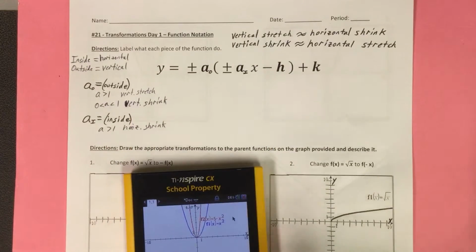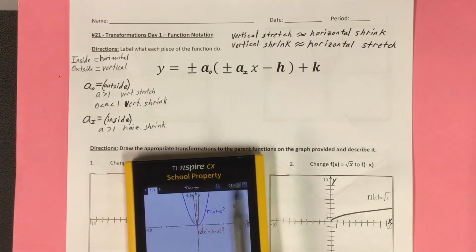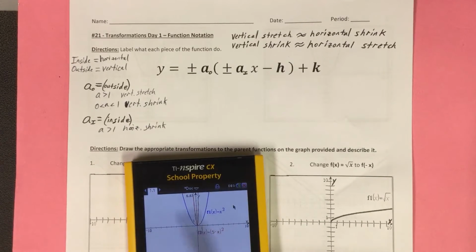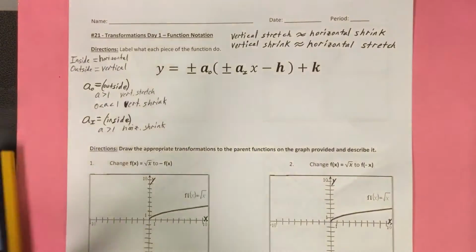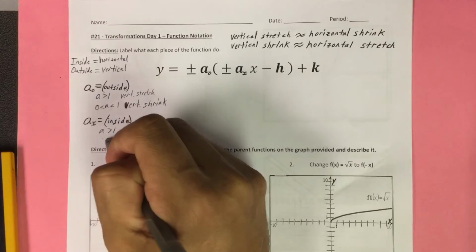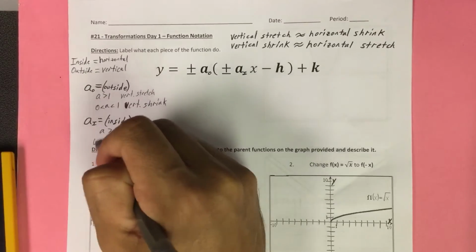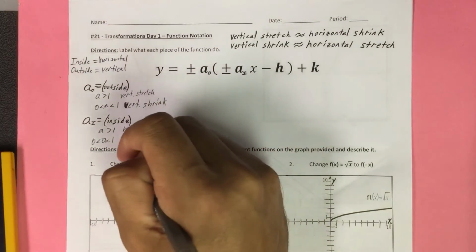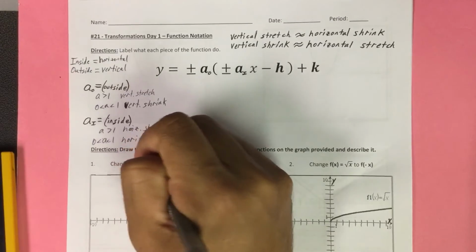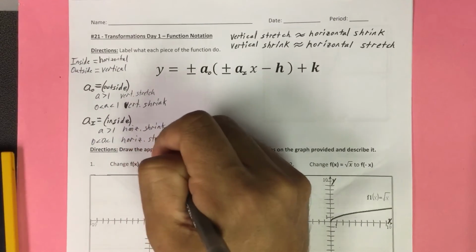If I put the 5 inside in parentheses, it changed, it got skinnier, taller, but now we're looking at it horizontally, so horizontally it shrunk. It got squashed in, right? So if A is between 0 and 1, then that is a horizontal stretch.